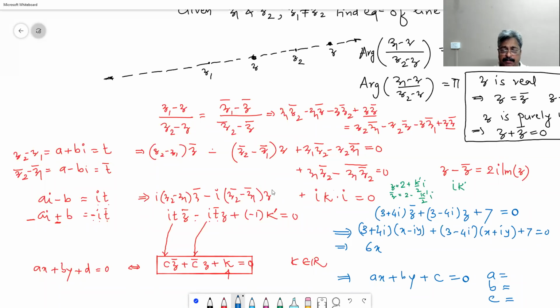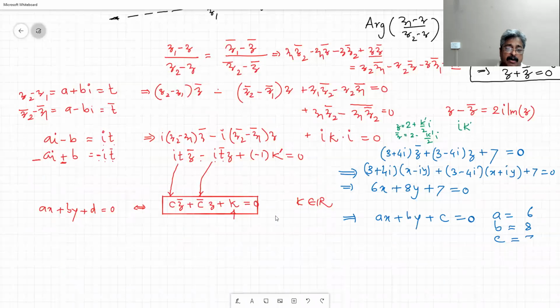Therefore, we want to get rid of that, and still we want some symmetric equation in complex numbers. That is why the whole lot of effort is taken. So 4i into minus iy is plus 4y, plus 4y is 8y. The constant continues to remain constant, is equal to 0. So a is equal to 6, b is equal to 8, c is equal to 7.